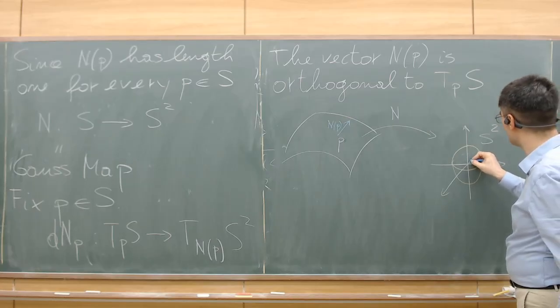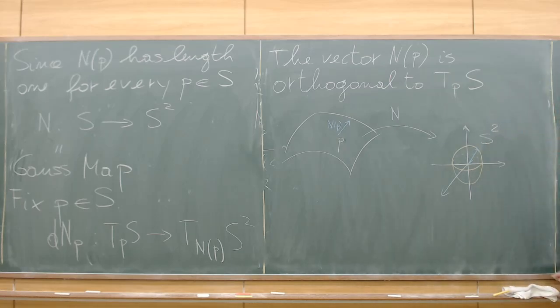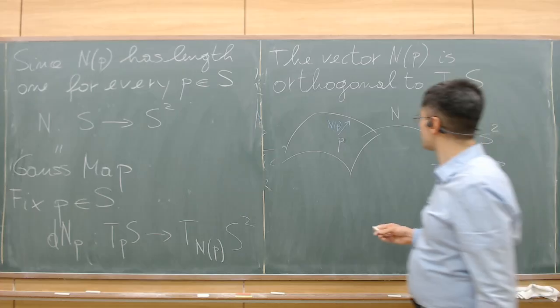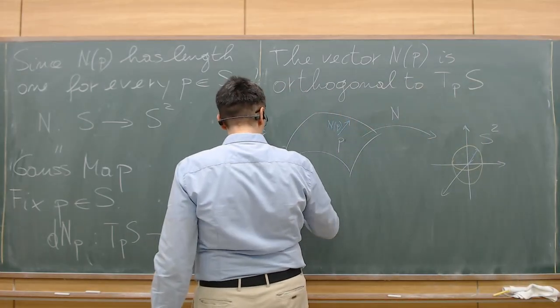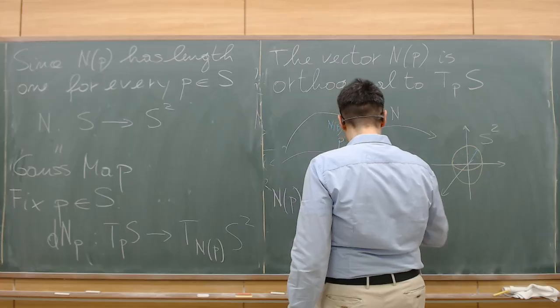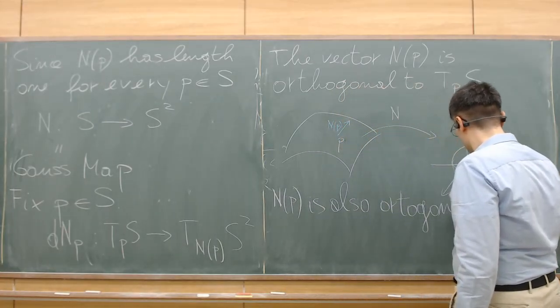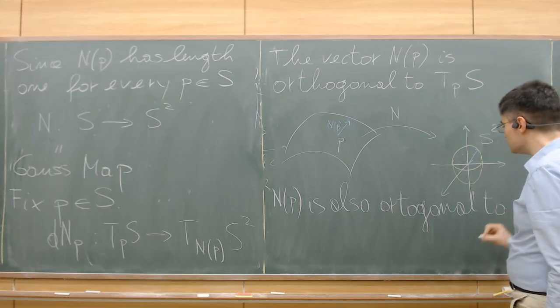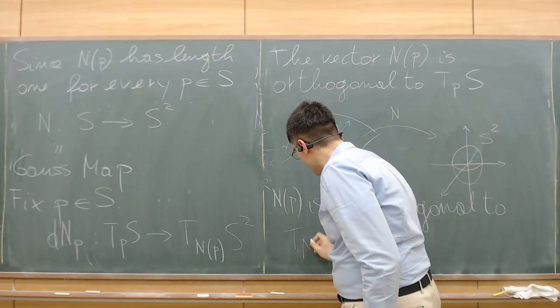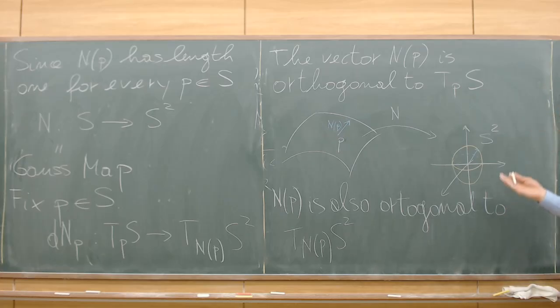So for example, you get this thing. Now it is clear that N of P is also orthogonal to T_{N(P)} S2. Why? Just observe the picture.